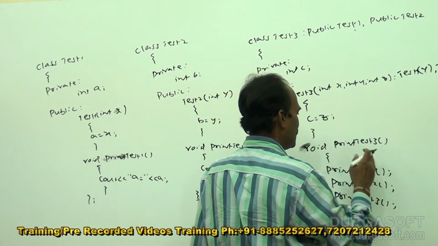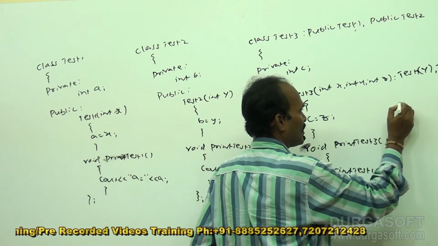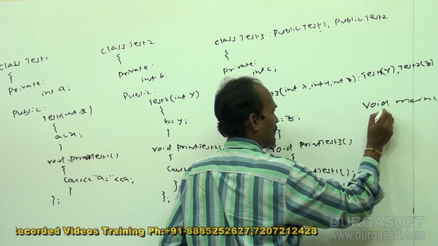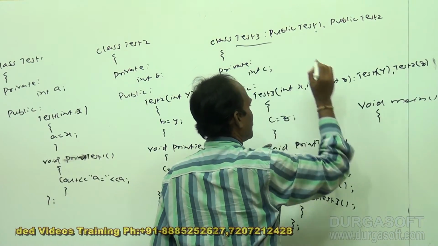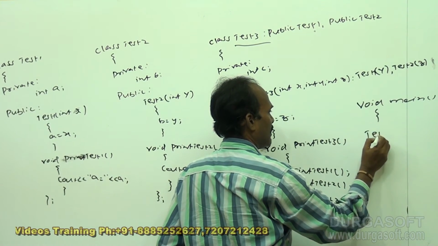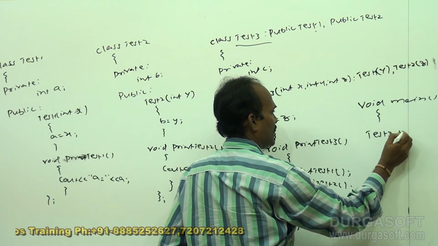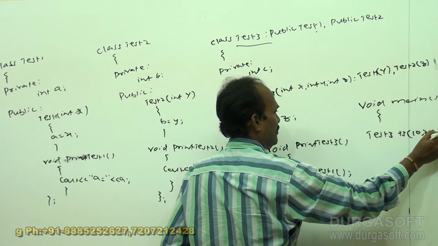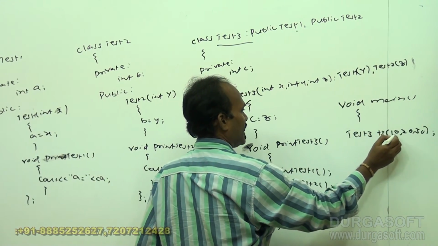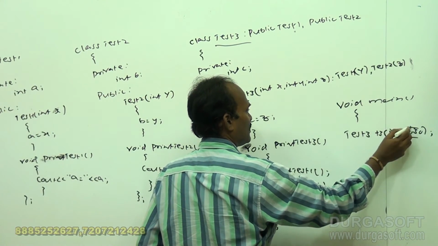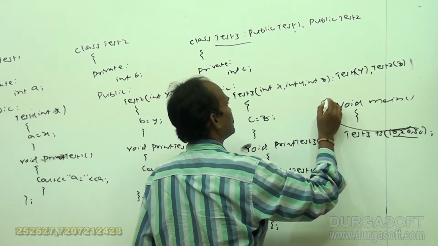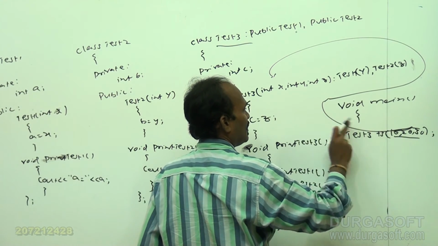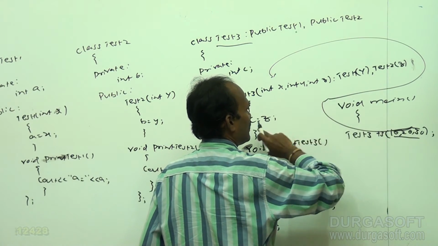Next, in the main method, you create objects. Void main, create an object for the test3 class. Test3 t3, you have to pass three arguments: 10, 20, 30, because these three arguments are stored in this one. 10 is stored in x, 20 is stored in y, 30 is stored in z.